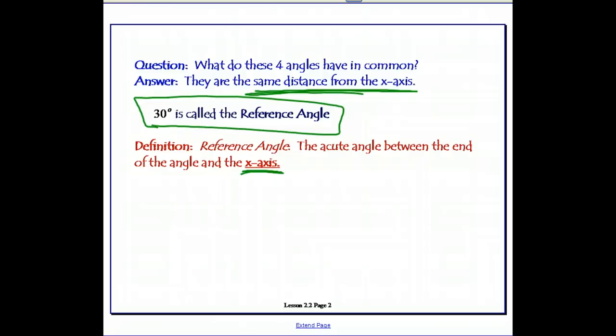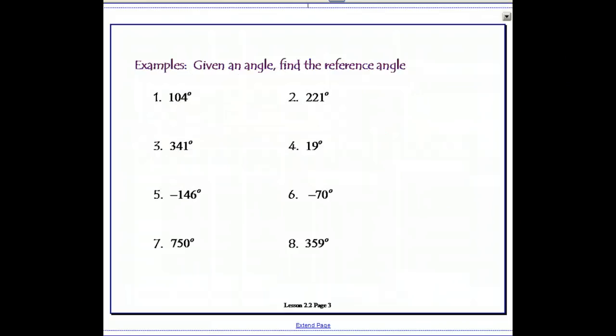So it's an acute angle, meaning between 0 and 90 degrees. It will turn out that if you have the same reference angle, then you have the same trig function, and you'll see on the fourth slide how this works out. The reference angle is the angular distance to the x-axis.